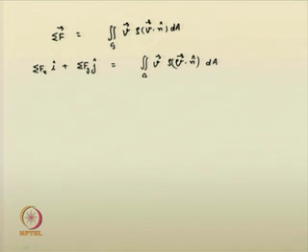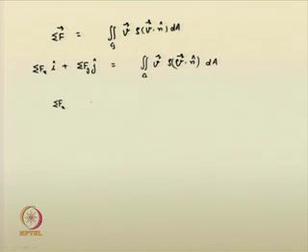So, please note that v dot n is the component of velocity in any particular areal direction you are taking into account. So, that way if we take the same thing now, what happens?